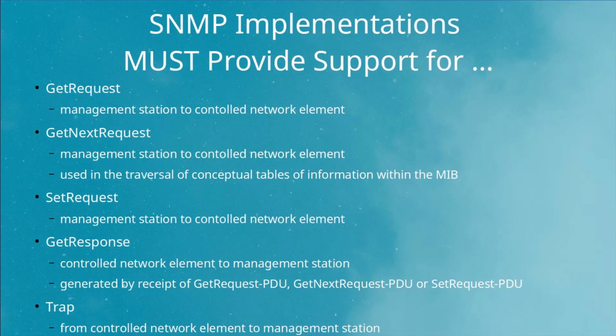This is useful for the traversal of conceptual tables of information within the MIB; a SET request, which is a management station to controlled network element; a GET response, which is the controlled network element to management station response, generated by the receipt of the GET request, GET next request, or SET request; and trap, which is from a controlled element to a management station. Note that SET request has fallen into disuse for security reasons.